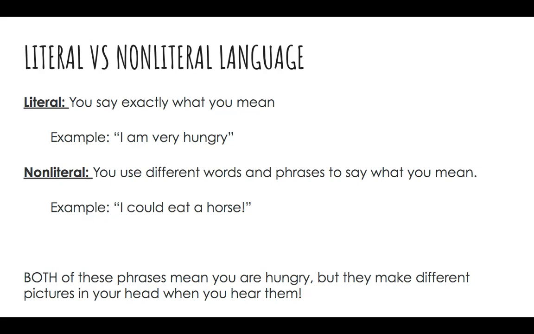So if I could eat a horse, you know I'm starving. I didn't have to tell you I was hungry. I told you I could eat a horse, and you knew that sounded like a big meal, so you knew that I was hungry. So non-literal language uses different words and phrases to say what you mean. Both of these phrases mean that I'm hungry, but they make different pictures in your head when you hear them, right?